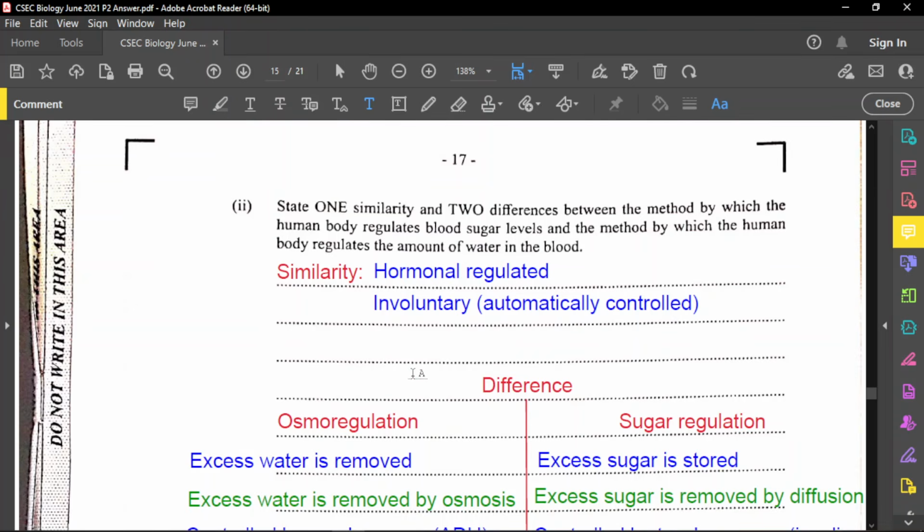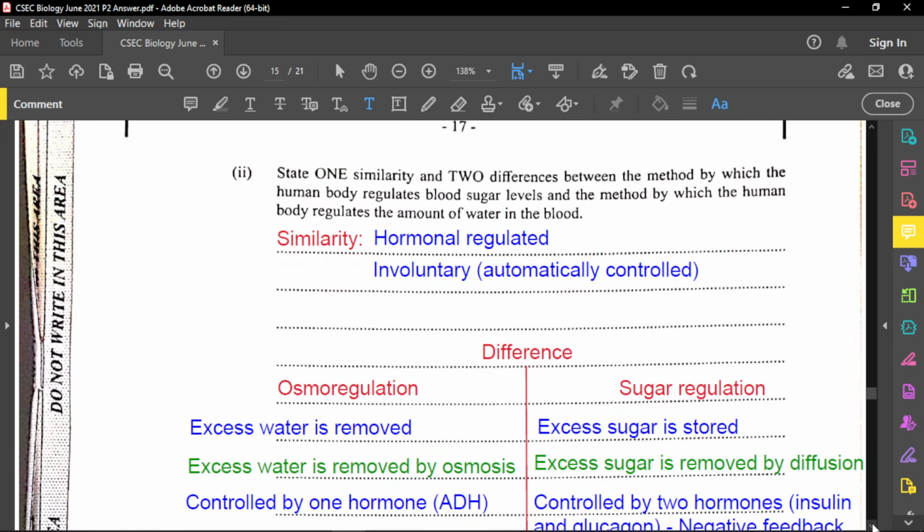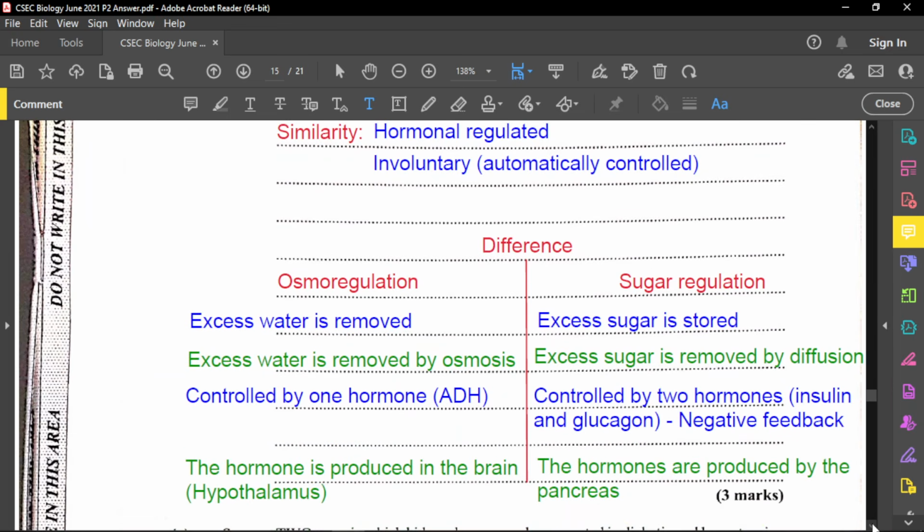But the similarity is that they are both controlled by hormones. So we say they are hormone regulated. Also, they are involuntary, which means they're automatically controlled by the body. So you do not think about it. You have no part to do with it. It occurs automatically in your body. So those are the similarities.